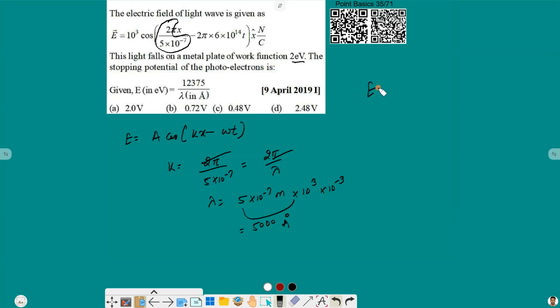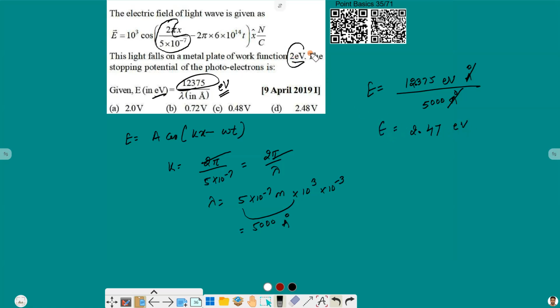So incident energy using the given formula, it will be 12375 electron volt angstrom divided by 5000 angstrom. Angstrom gets cancelled, and basically what we will get, we will add a decimal here, so 2.47 something. That will be the energy in electron volt.